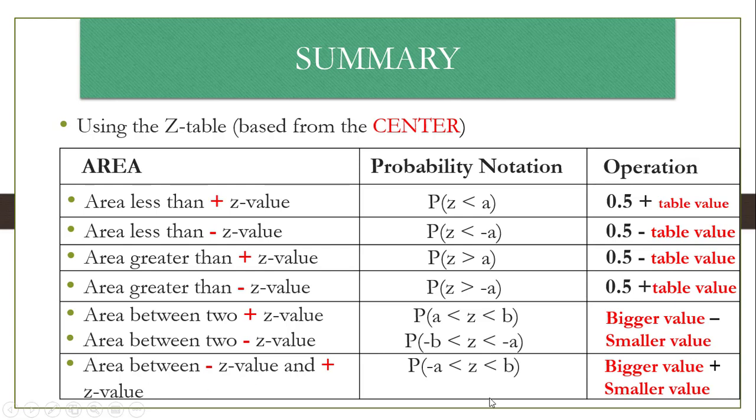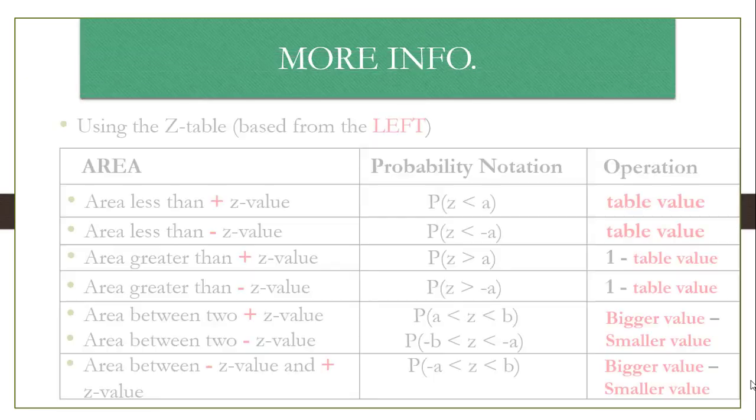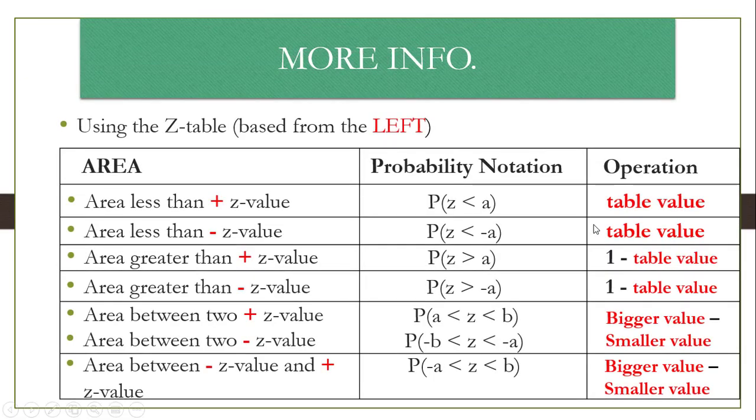Okay? So, to further this one, if you were using z-table from the left, I have made a guide as well. So, this would be how to use it if you use z-table based from the left. Actually, it's much easier to use z-table based from the left. Suppose you have area less than any, like positive or negative, just find it on the table.